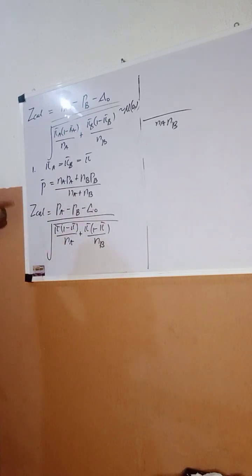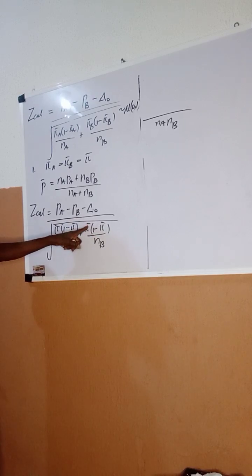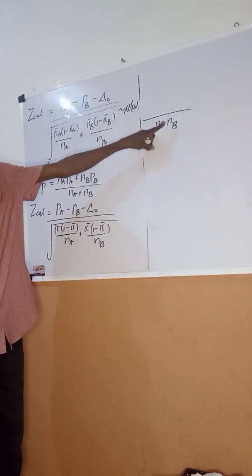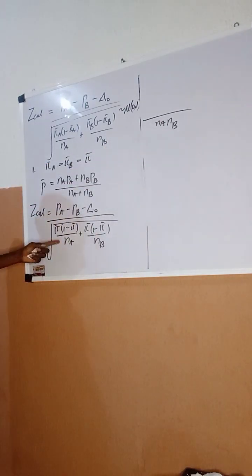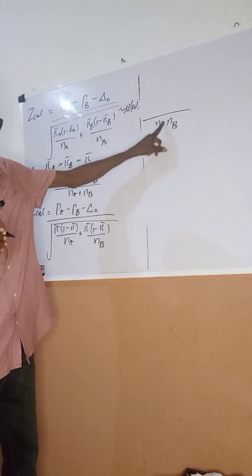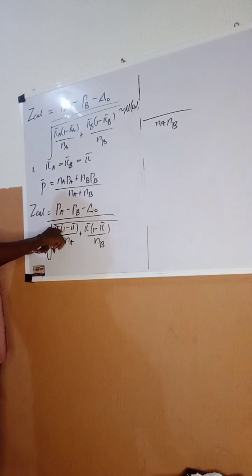Now, of course, like what we have said before, this and this are equal, so they are the same values. Because they are the same values, once I write n of A, n of B, I'll come here and see: n of A divided by this is n of B. So I have n of B multiplying the whole of this.